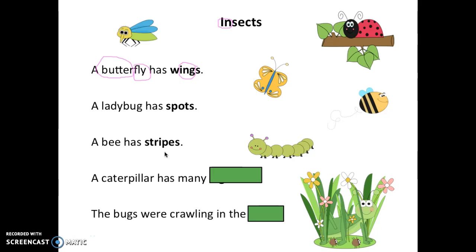Tell your partner what parts of the words you know. Let's see what it says. A bee has stripes. Stripes. Let's go down to the next sentence. Read it with your partner and look for parts you know.